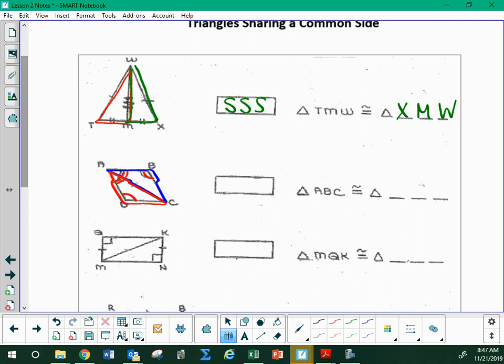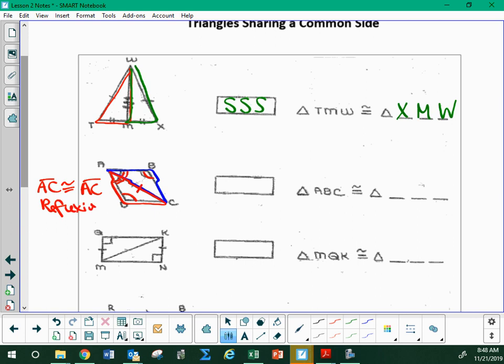Would you guys agree that they share AC? Does AC change in length from one triangle to the next? No. So we can say that AC is congruent to itself. What would be my reasoning for that in a proof? Reflexive property, good.